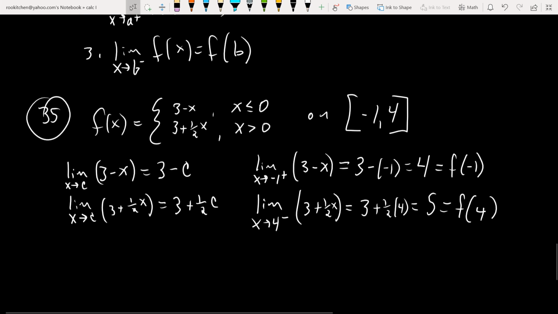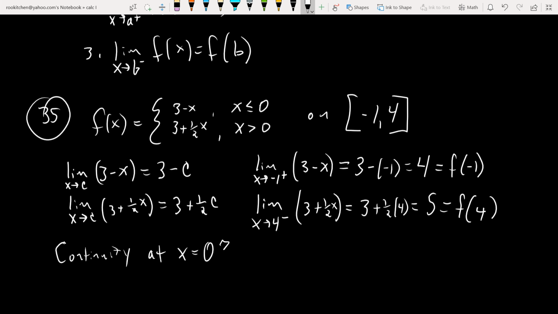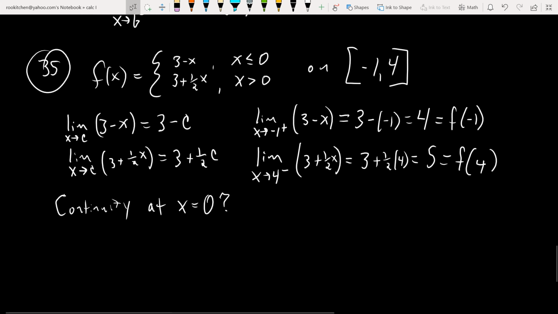There's just one issue. We need to make sure of the continuity at 0. Maybe something weird happens there, because of the piecewise definition. So I still need to check that.